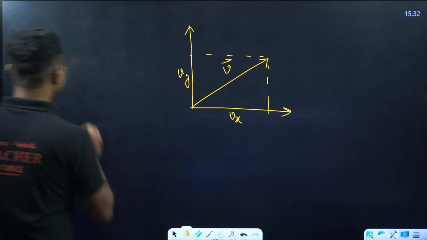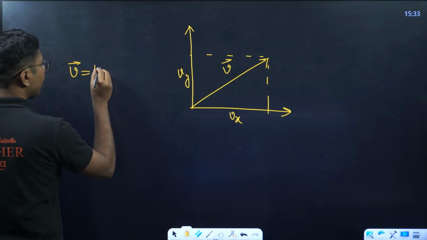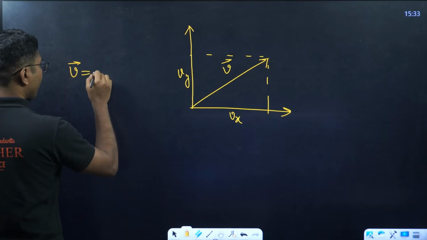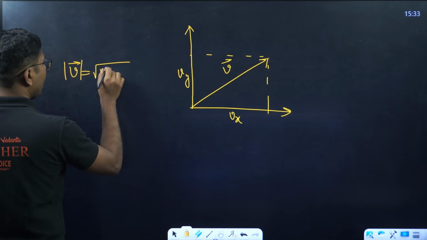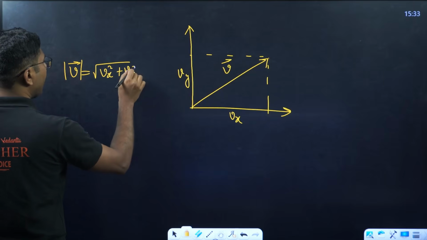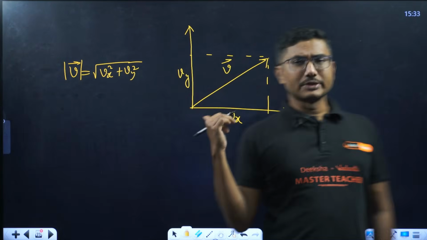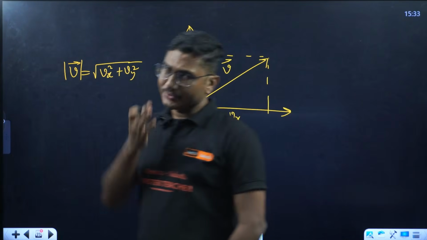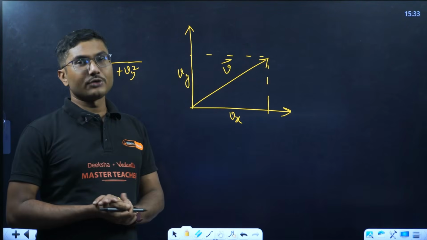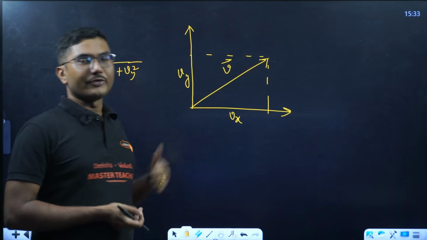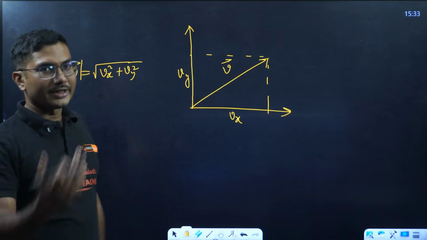The magnitude of the original vector can be calculated as the square root of vx² + vy². This is the Pythagoras theorem. We have done it for vector addition, but this is also true for resolution of vectors. Finally, when you are trying to find the magnitude, you need to add them like this to find the final magnitude.